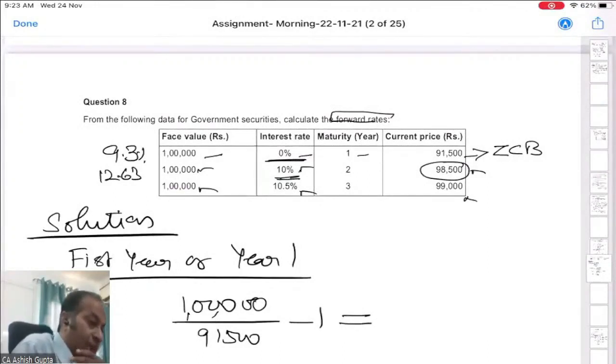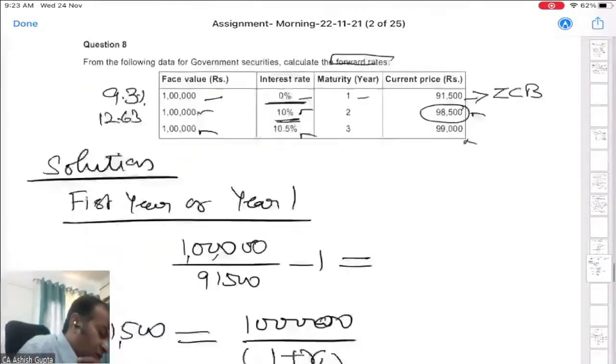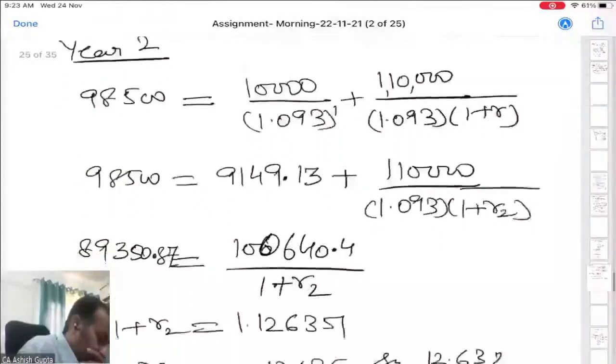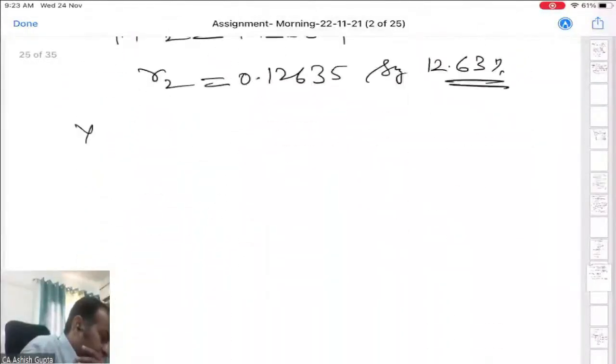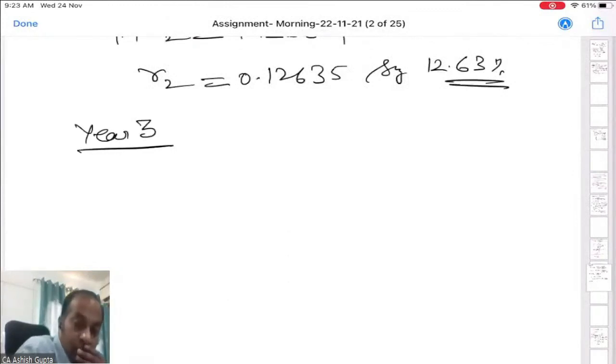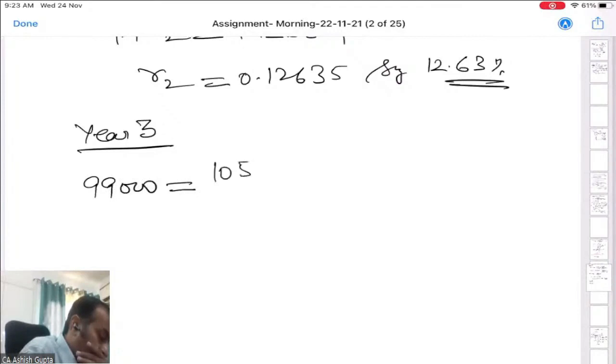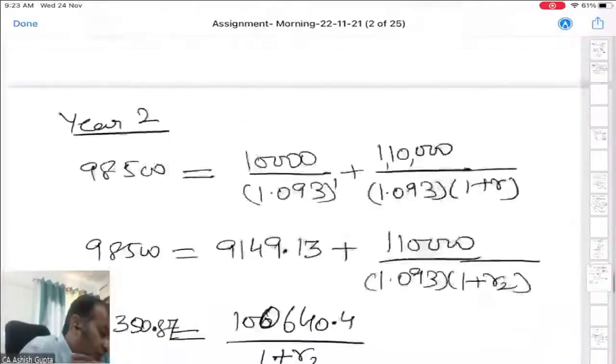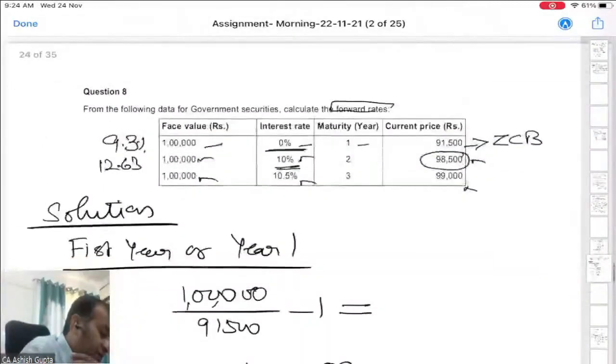Okay, student. Now we are coming to here. That is, here the coupon rate is 10.5%.